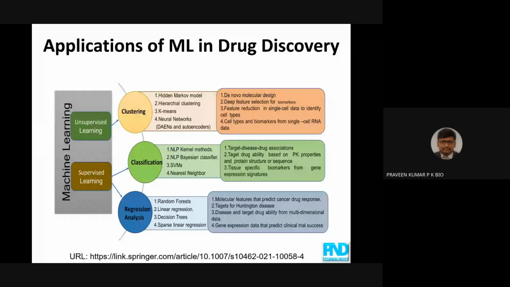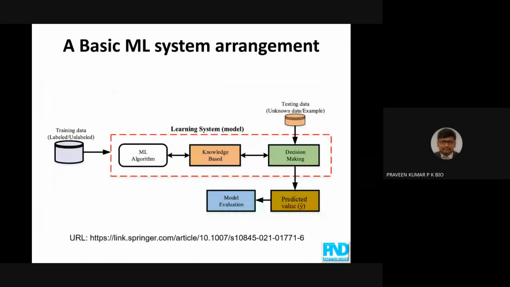Regression analysis can also use these machine learning techniques, and these are some of the applications. There are plenty of journal papers on the applications of machine learning in drug discovery. Now we can discuss the machine learning system arrangement.